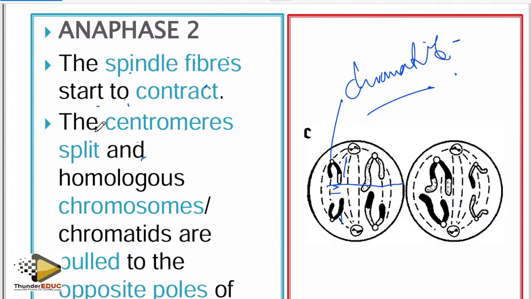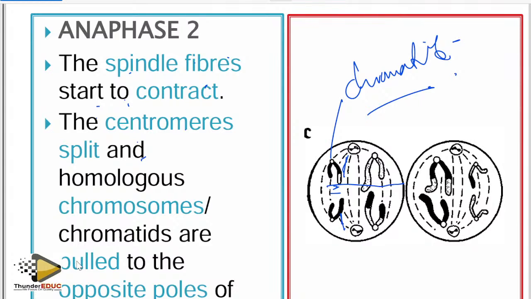So the moment they start to be pulled, what happens? The chromatids move to opposite poles. Sometimes we call them homologous chromosomes.